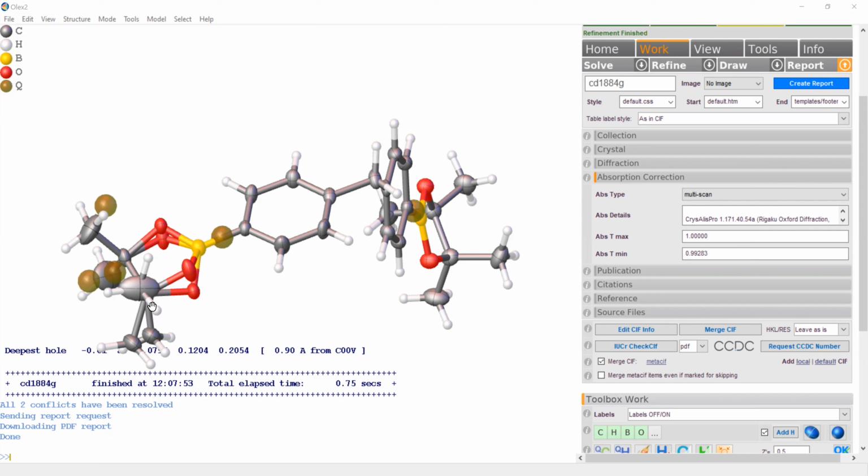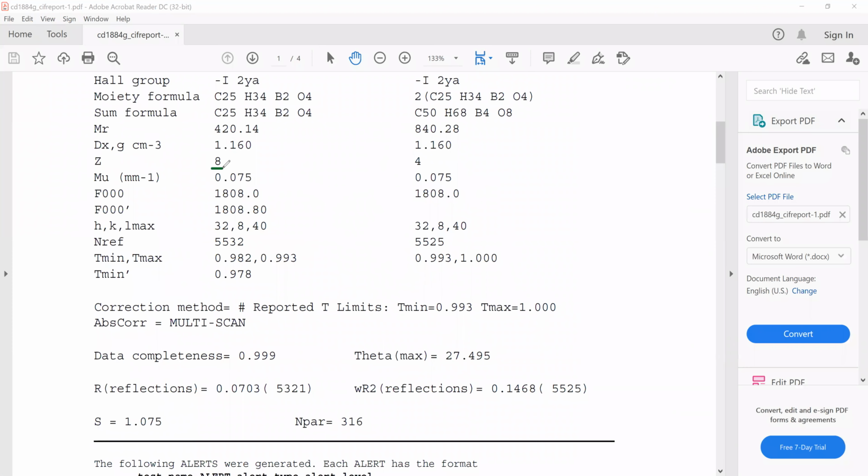So that's one thing we need to correct in our checkcif file. So Z calculated is 8, reported as 4. So we need to change this to 8 because Z prime needs to be 1.